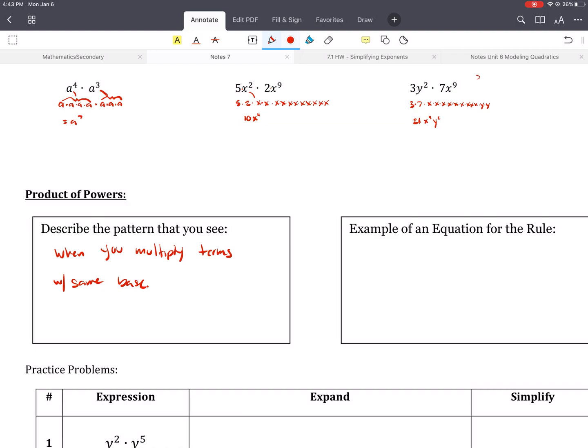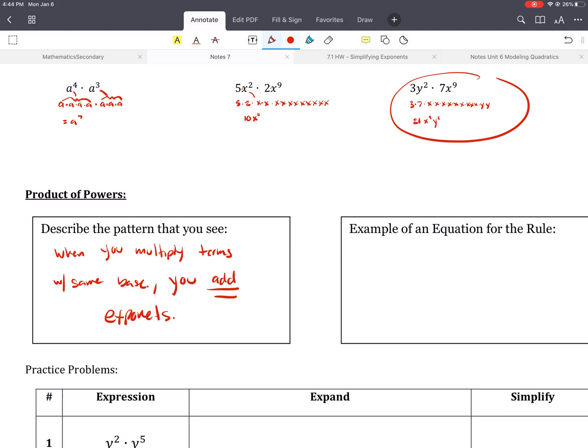Like in this example, those didn't have the same base, so we can't do anything with those. But if they do have the same base, you add exponents.